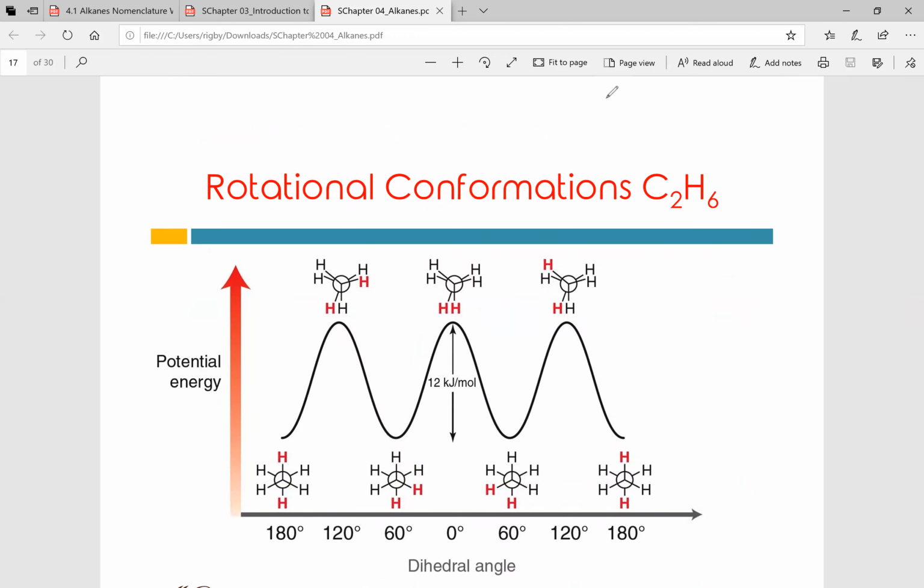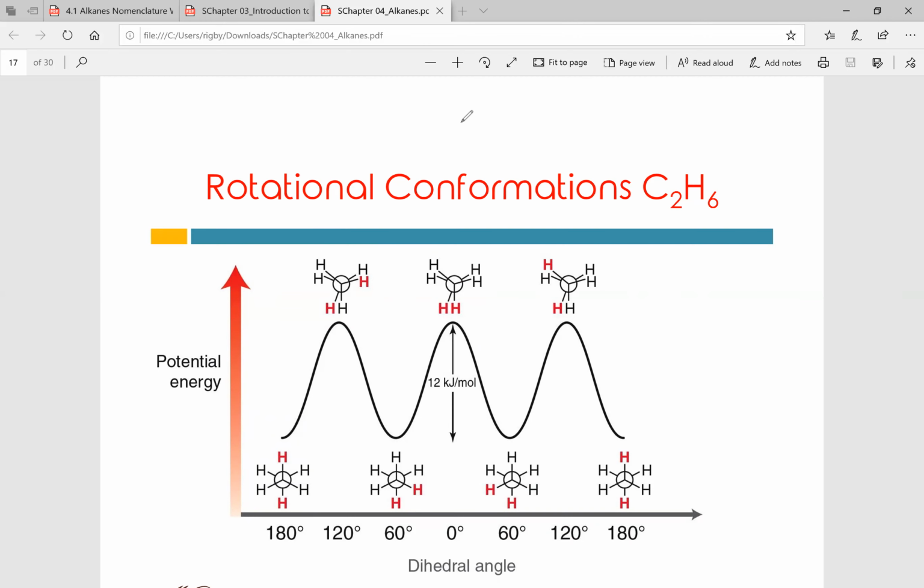So this energy holds for most of the Newman projections: if they are in line with each other, in the eclipsed form, where each atom is eclipsing each other, it's going to be at higher energy than if it's in the staggered conformation, where the atoms are staggered away from each other. In addition, the energy levels of different conformations depend on how big the atoms are on the Newman projection, but we'll get into that later.